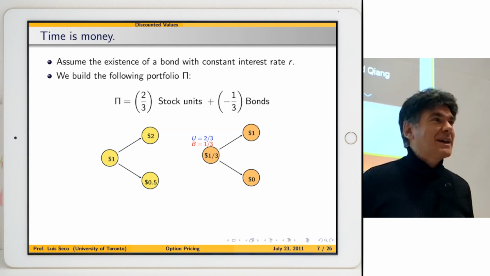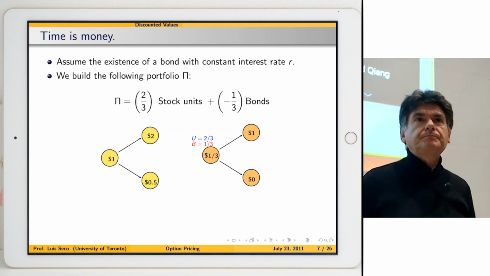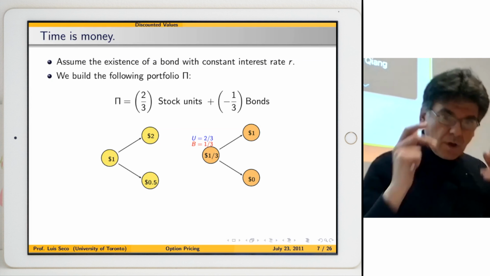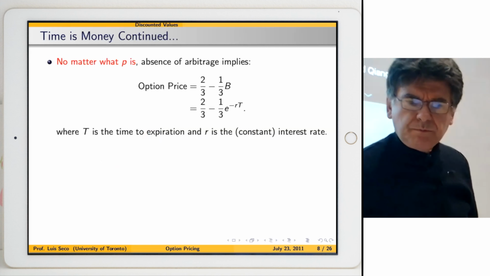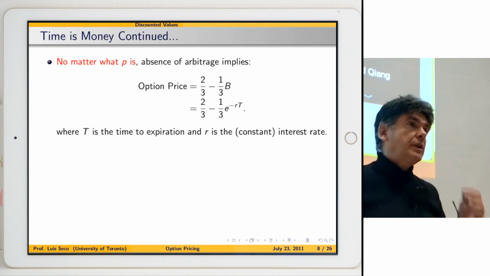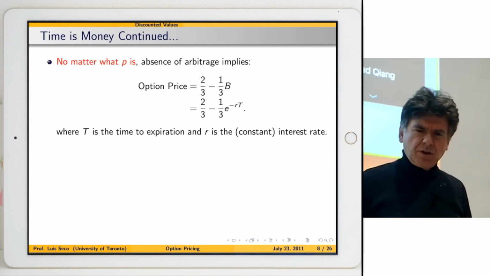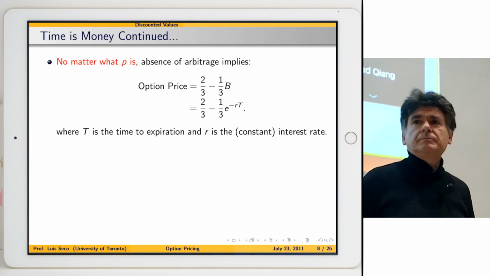But the replicating portfolio is the same. That payoff will always be 1, 0. Yes? All right. Great. So for the option price, you just put in the value of the option there using the interest rate, instantaneous compounding, and that's it. So you have the option price as a function of the interest rate.